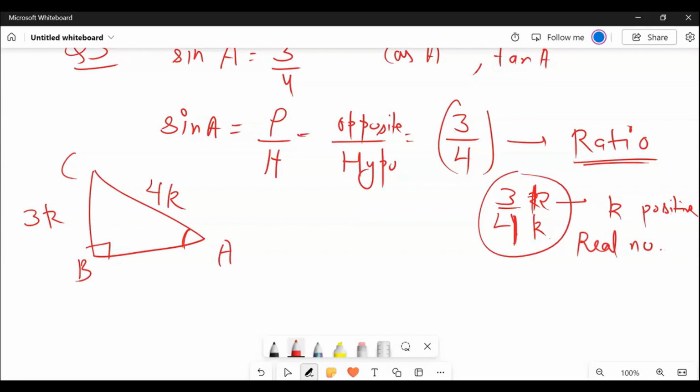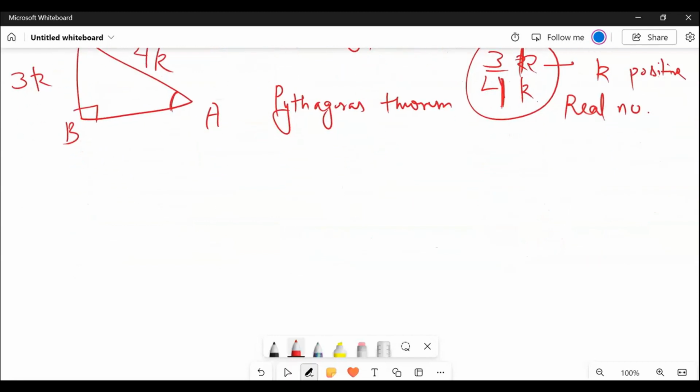Now we will apply the Pythagoras theorem in this triangle. You know that the Pythagoras theorem is that opposite or perpendicular, both are the same thing. So perpendicular square plus base square is your hypotenuse square. Perpendicular square is 3k square, base square we need to figure out, and hypotenuse square is 4k square.